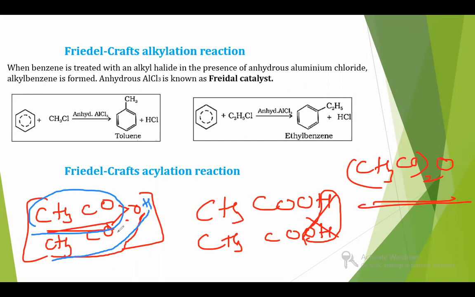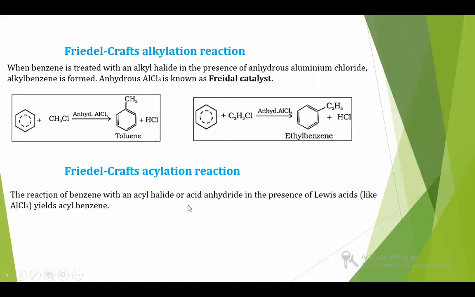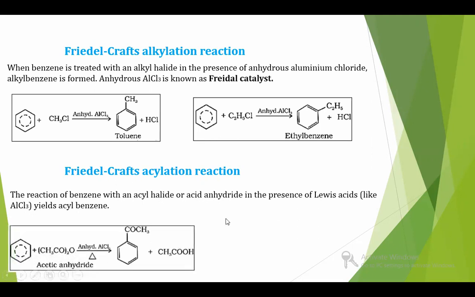That is an acid. Let's see an example. First, the reaction of benzene with an acyl halide, RCOCl, or an acid anhydride. For example, we have taken acetic anhydride, in the presence of a Lewis acid like anhydrous aluminum chloride, giving acyl benzene.